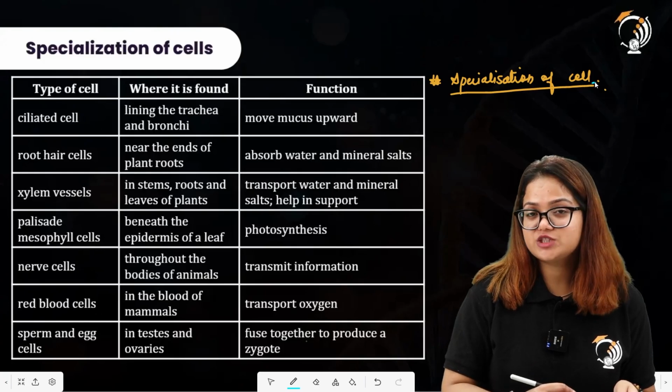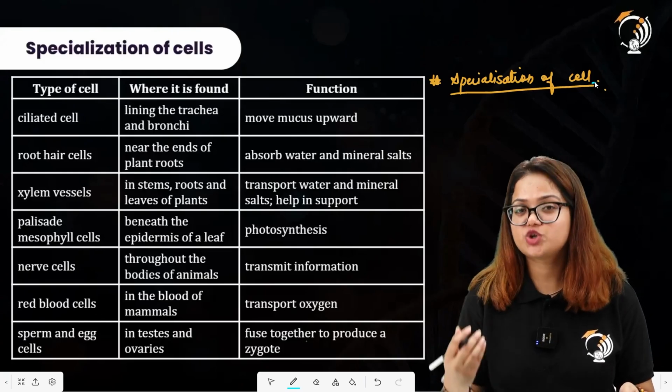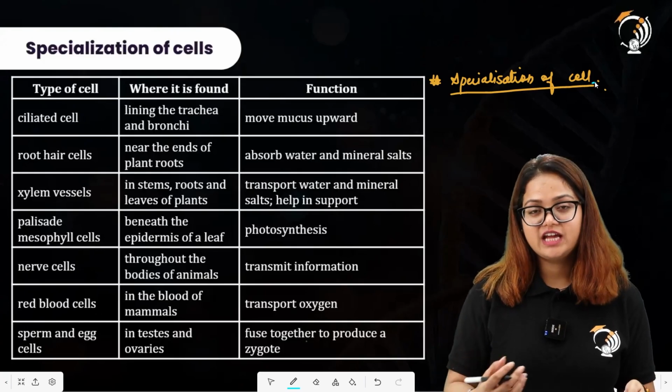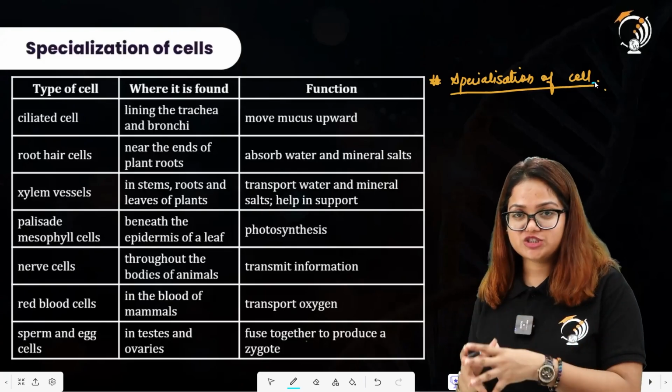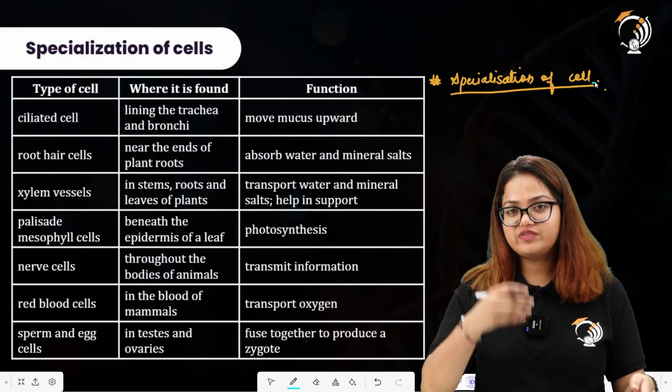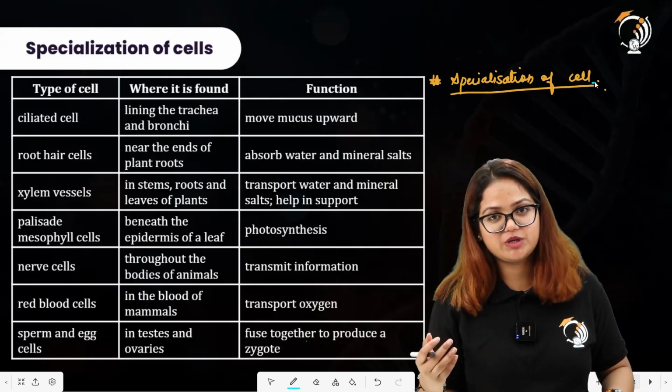They attain a specific structure, they become mature after the cell has divided. Now the cell has a particular structure and a particular function to be performed, and for that we have different types of cells that are present in this particular chapter.